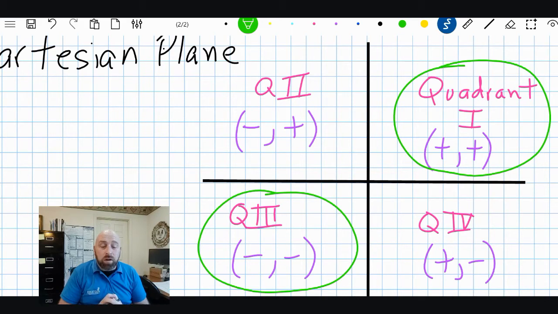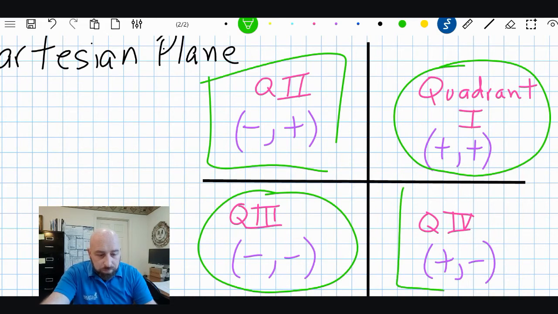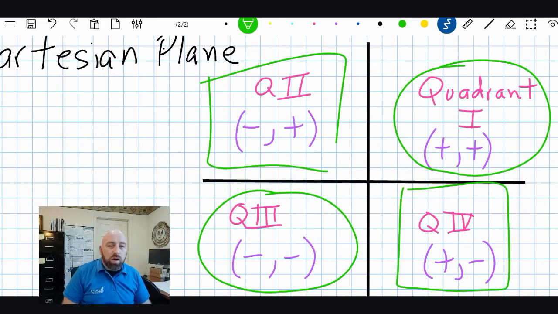No. What happens when you have a negative times a negative? You get a positive. So what's happening in quadrant number 3 is because there's 2 negatives, that makes it a positive quadrant. And again, that's not super important for you right now, but quadrant number 2 and quadrant number 4, those are negative quadrants.